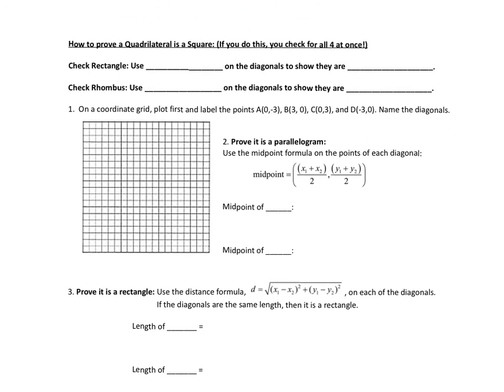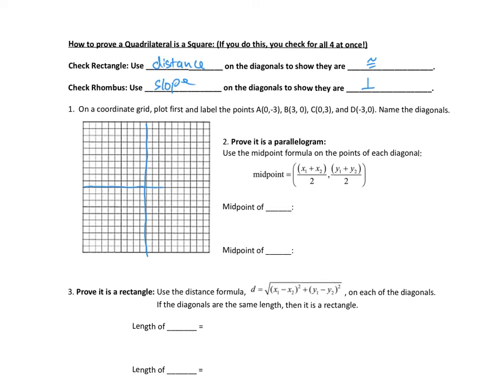Next, how to prove a quadrilateral is a square. Okay, first we can check the rectangle by using our distance formula to show that the diagonals are congruent, and then we also check the slope to show that the diagonals are perpendicular. So let's graph this. We got some negative coordinates, so I'm going to put this in the middle.